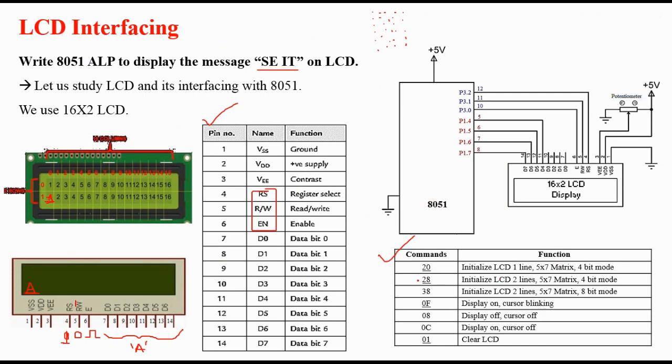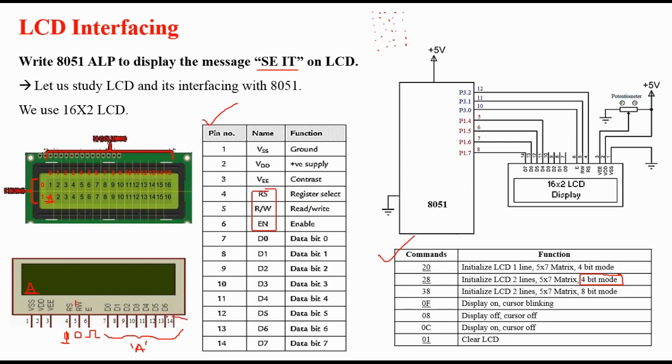Then we have 28. To initialize the LCD with 2 lines, we have a 2-line LCD in 5x7 matrix in 4-bit mode. Here we are using 4-bit mode, right? There are a total of 8 data lines.